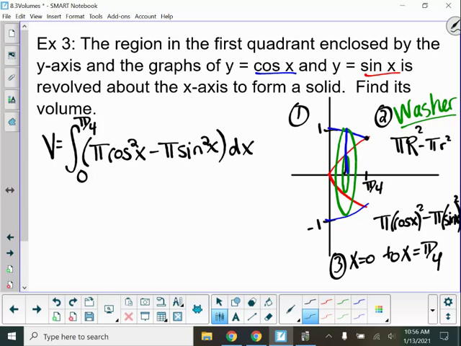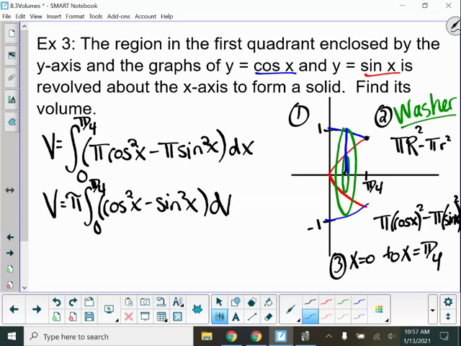Because both of these have pi's in them, I can actually pull that pi out. Oh, and I didn't pull the pi out like I said I was going to. So I can put the pi on the outside there and have this be cosine squared minus sine squared. Now, there is a relationship here between these two.